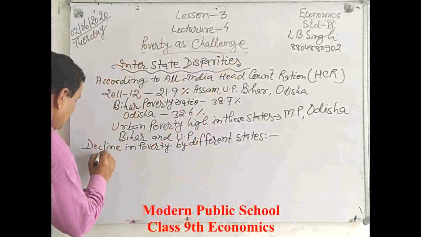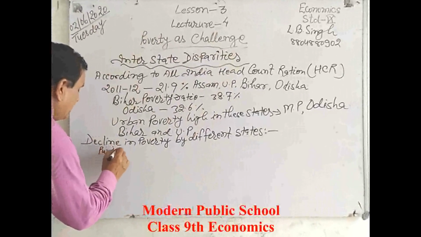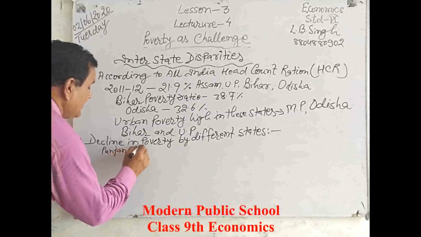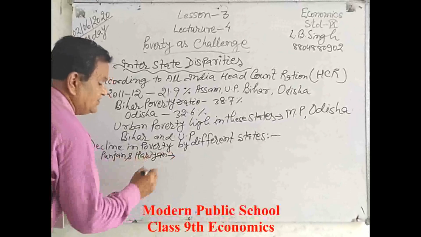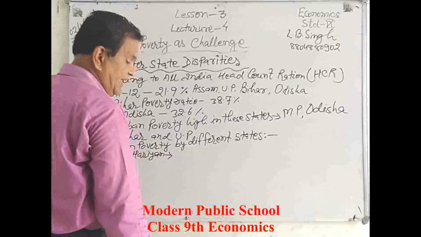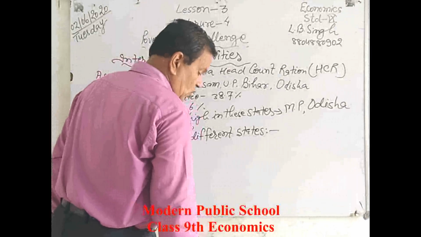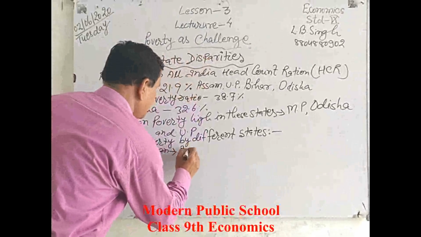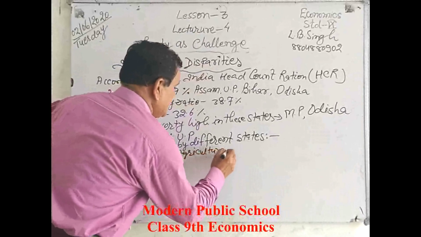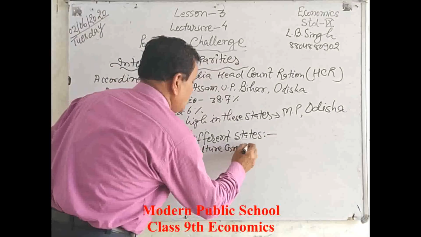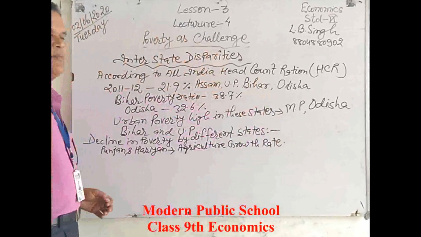So first of all, we are going to study about Punjab and Haryana. How they have changed their poverty: agriculture growth rate. Have you heard the name of Punjab and Haryana?